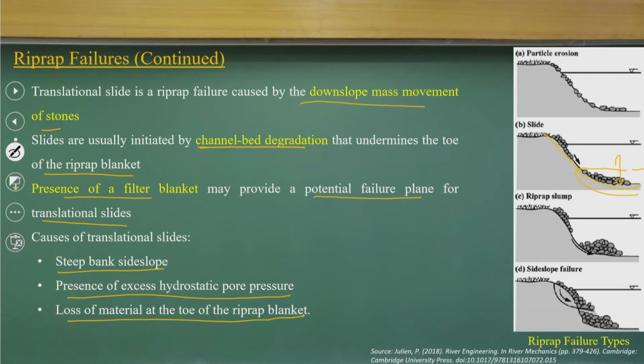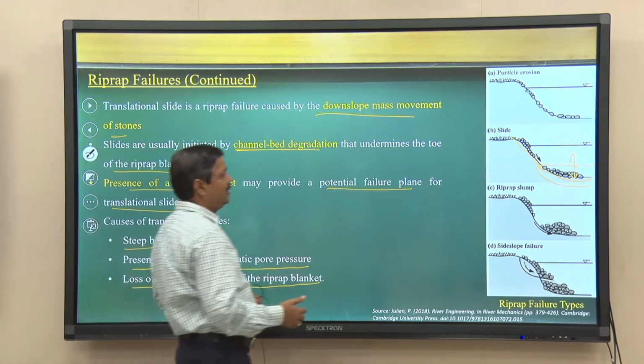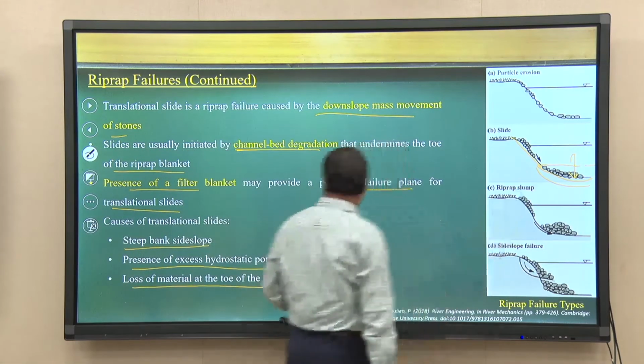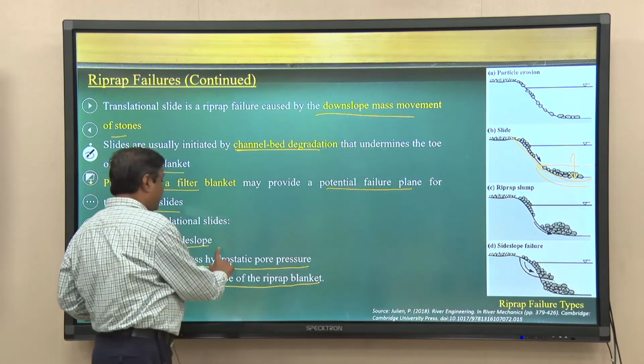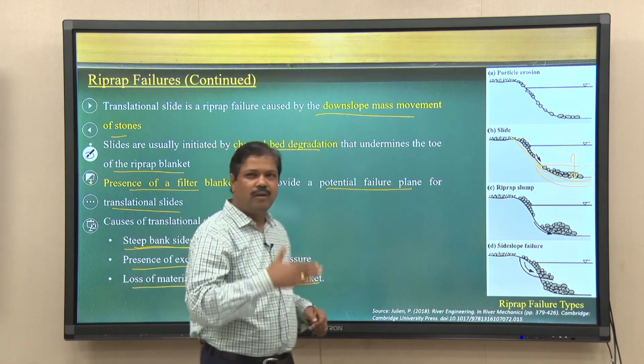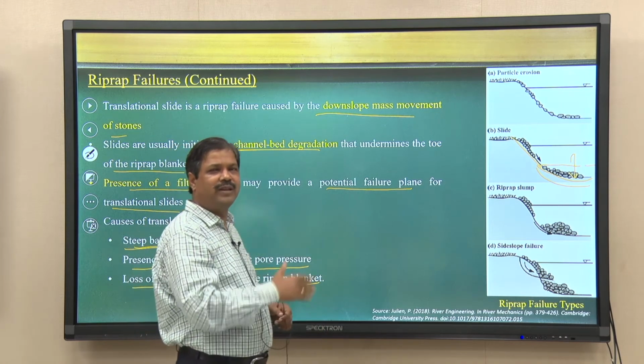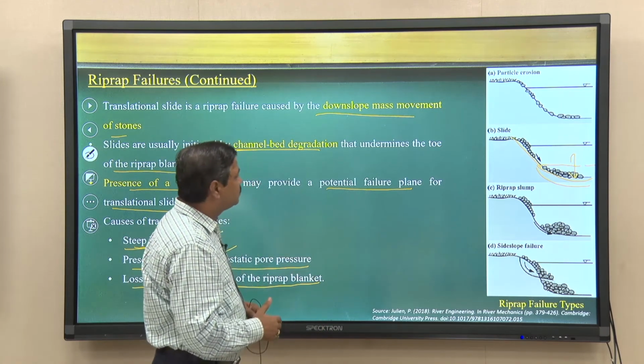Okay, we just try to understand how the structures fail if you have degradation and if excess hydrostatic pore pressure is developed in the bank soils and steep bank side slope. Basically, when you protect the bank, we do the slope reduction, we cannot put it on steep banks.